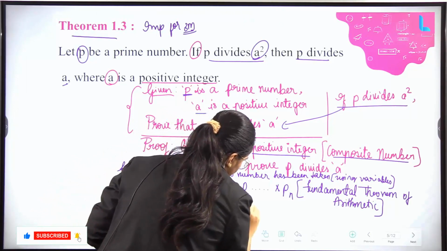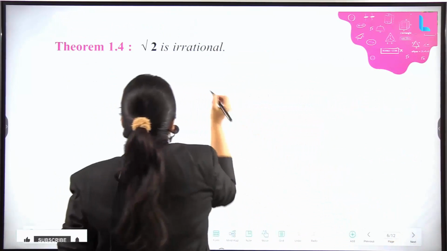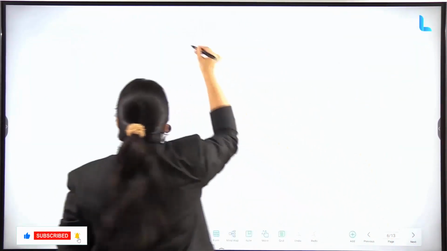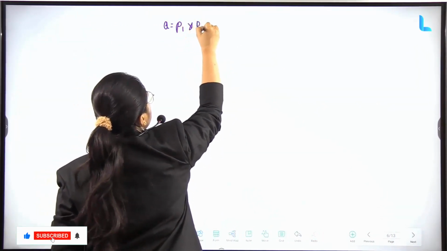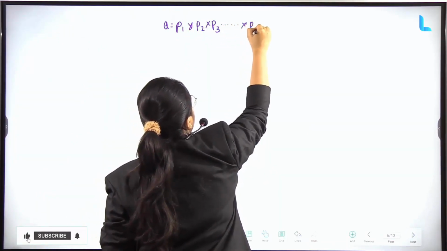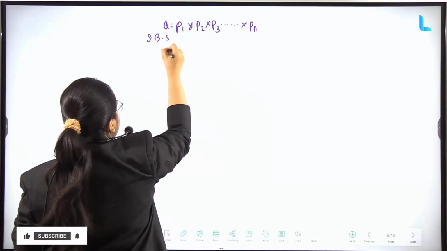If we square on both sides, A is equal to P1 into P2 into P3 ... Pn. This was what was there, and we have squared on both the sides.